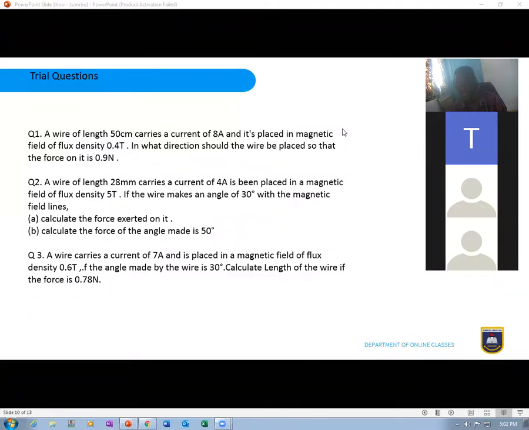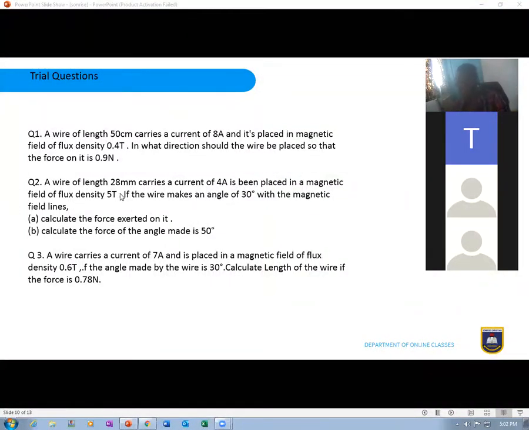No, I had 0.28 Newton. We are still going to use the same formula, and your length now will be 28 times 10 raised to the power -3 meters, times 4, times 5, times 0.5. Sine 30 is 0.5, right? Yes.